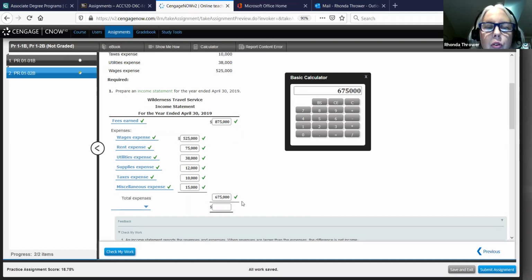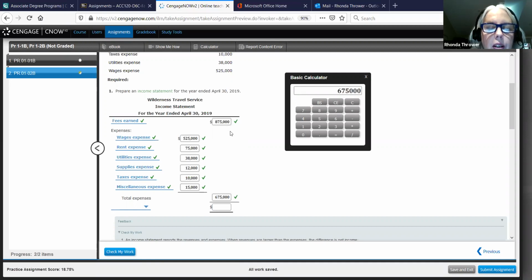Now on the income statement, the most important step is to determine whether or not you have what is called a net income for the year or whether you have a net loss for the year. To determine net income, we're going to compare the total of our revenue with the total of our expenses. Notice that our expenses for this company are less than the total of our revenue.